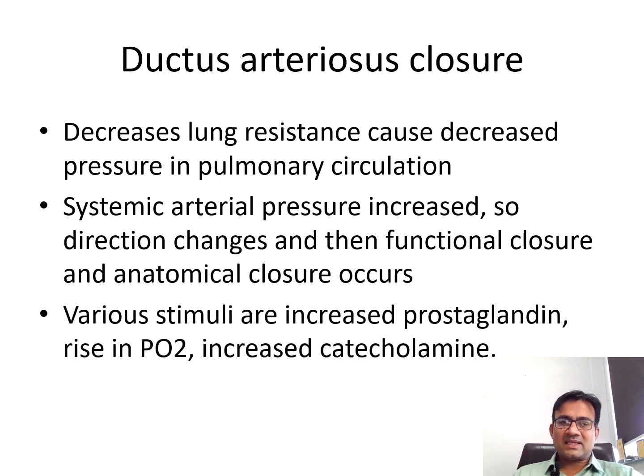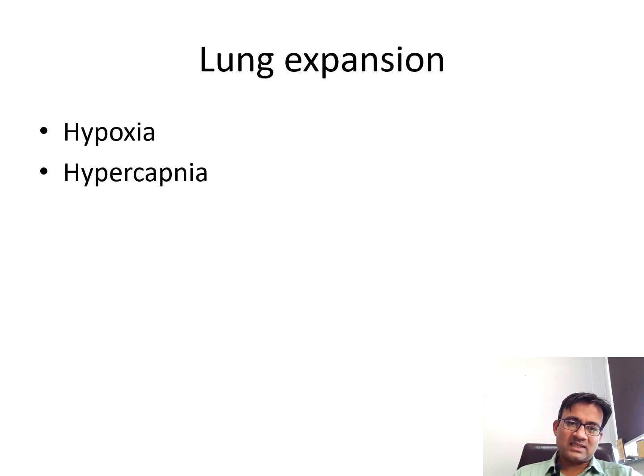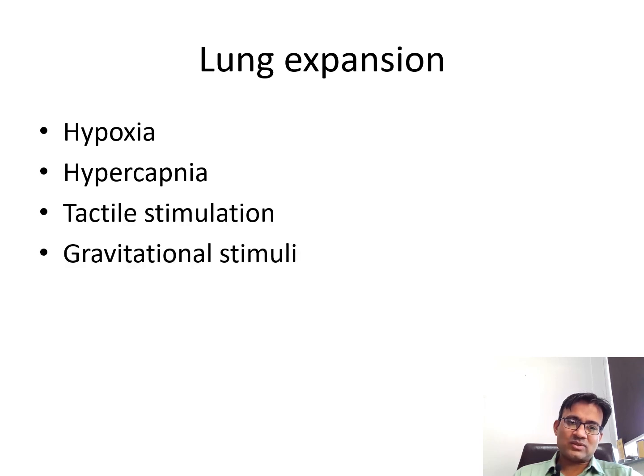Along with that, there are various other stimuli like prostaglandin, rise in PO2 concentration, decreased catecholamine. All these play a role. And in lung expansion, various factors play a role like hypoxia, hypercapnia, tactile stimulation, gravitational stimulation.